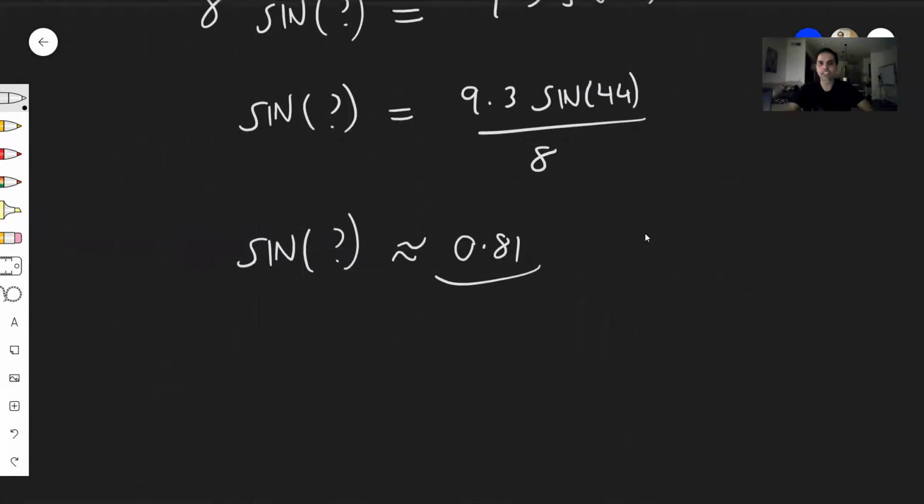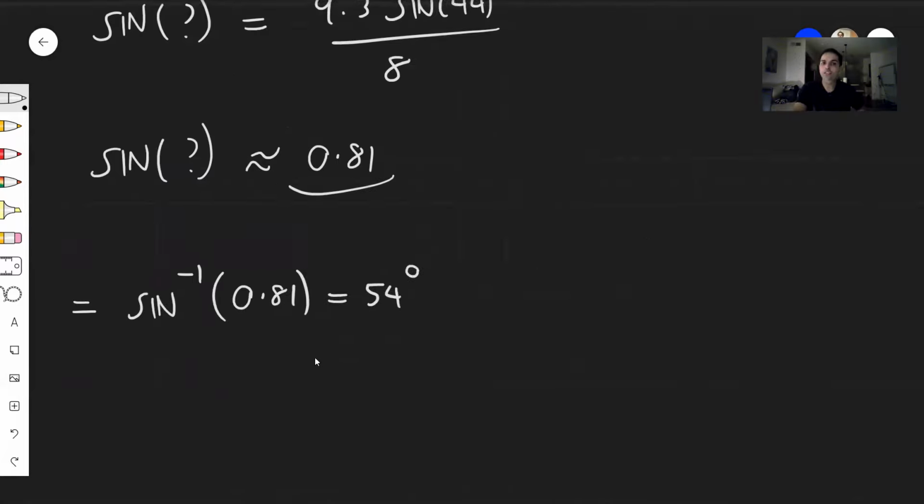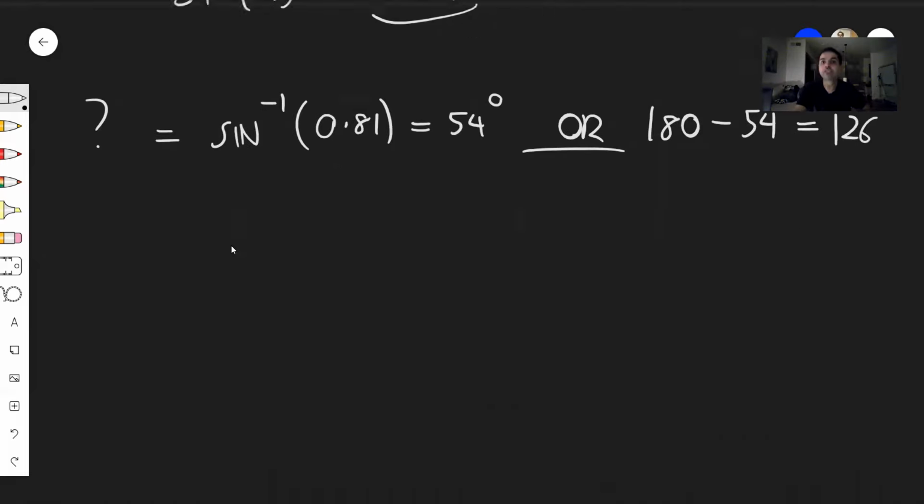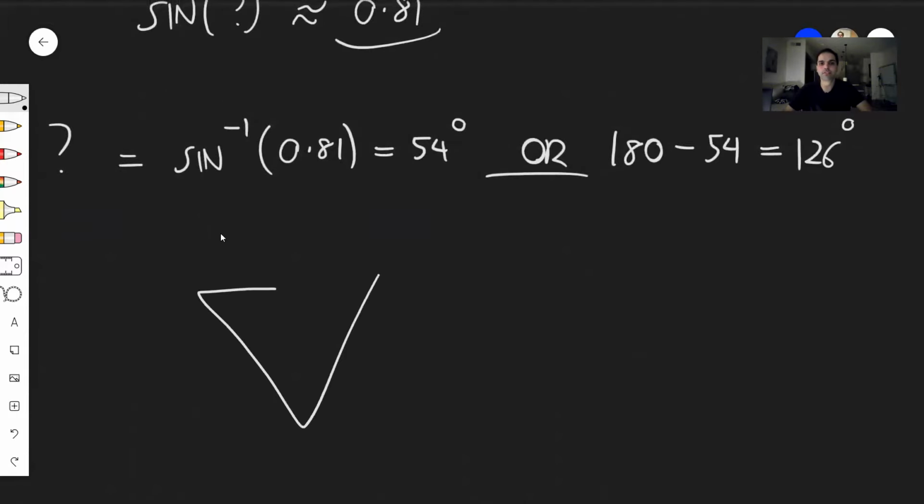One of which is question mark equals arcsine of 0.81, which is roughly 54 degrees. But remember, there's this other choice, which is 180 minus that. Remember this trig circle analogy, or 180 minus 54, which is 126, which again gives us two possible scenarios.